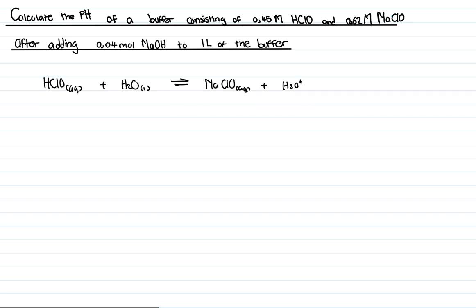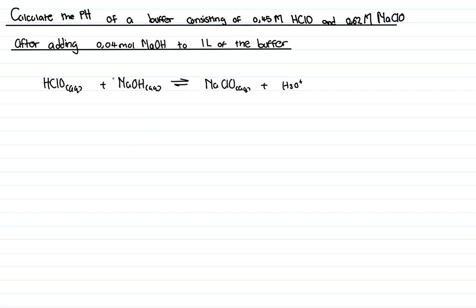So we have been told that we added 0.04 mole of sodium hydroxide to the buffer. So we're gonna remove water from this equation and write sodium hydroxide aqueous over there.